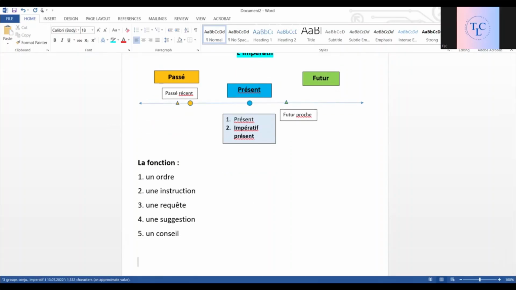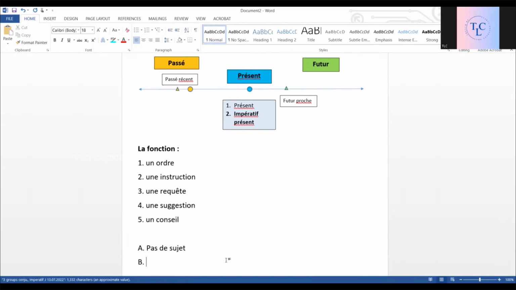That there is no subject, pas de sujet. We don't need a subject for this one. We can directly use the verb. And the second thing, it is for order, instruction, advice.